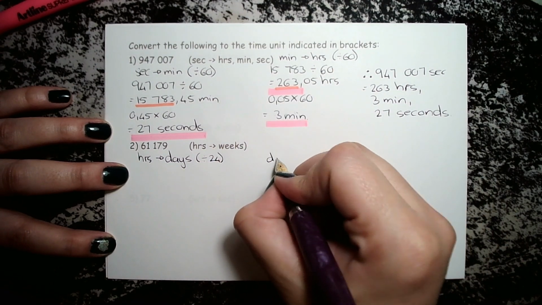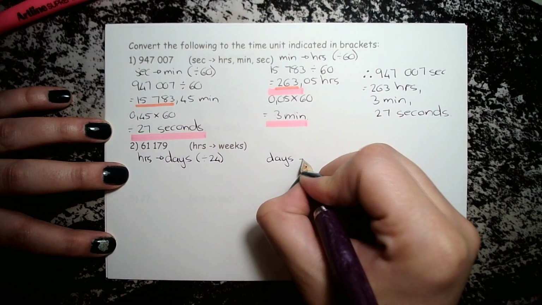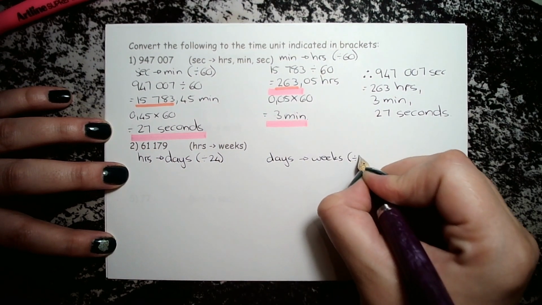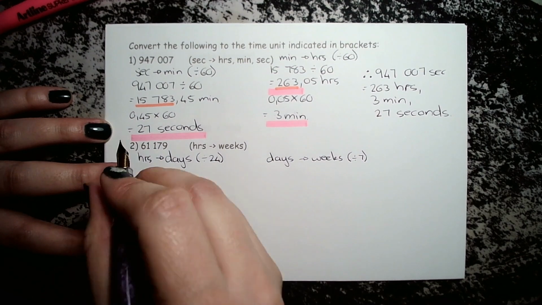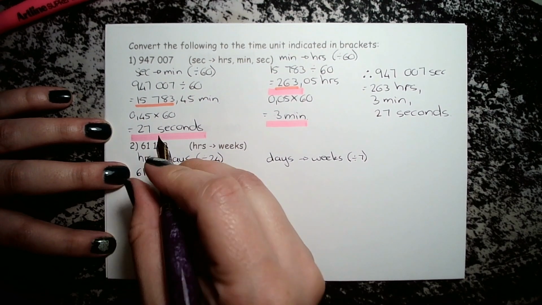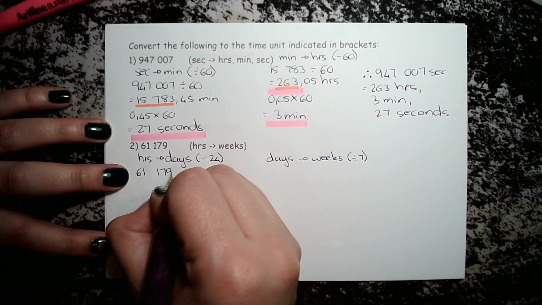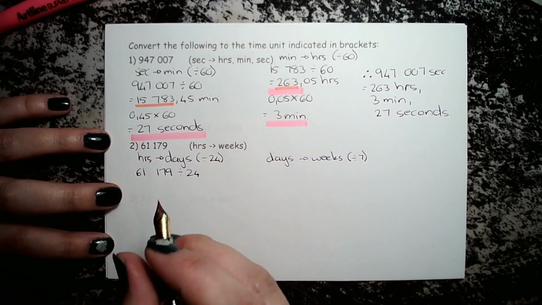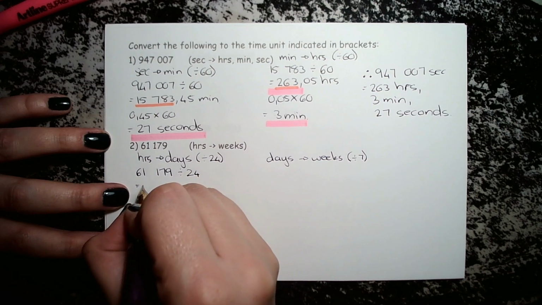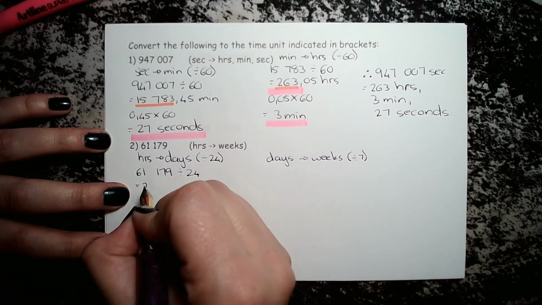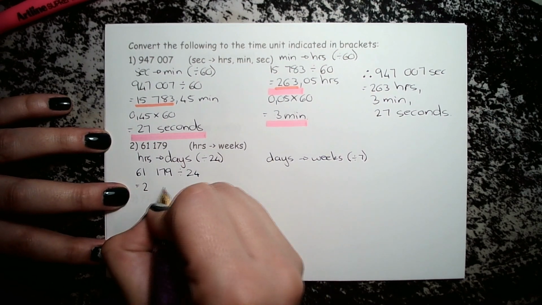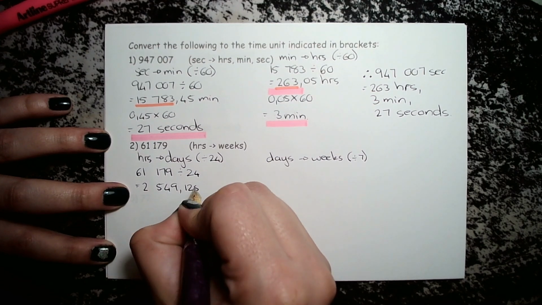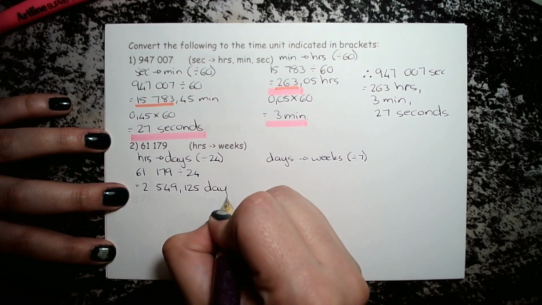And then from days, we can convert to weeks, which would be dividing by 7. So 61,179, divide that by 24, gives us 2,549.125 days.